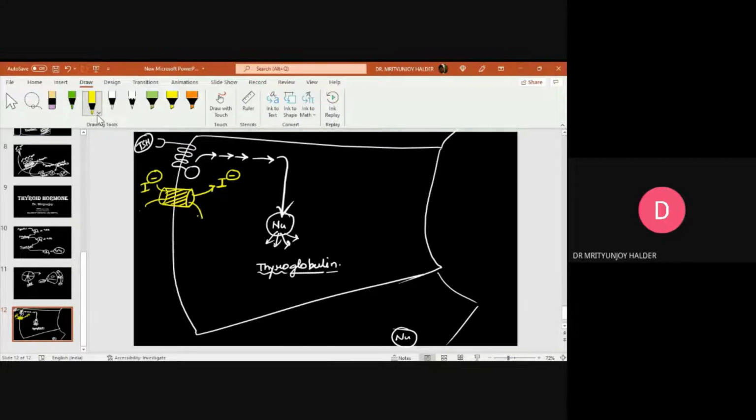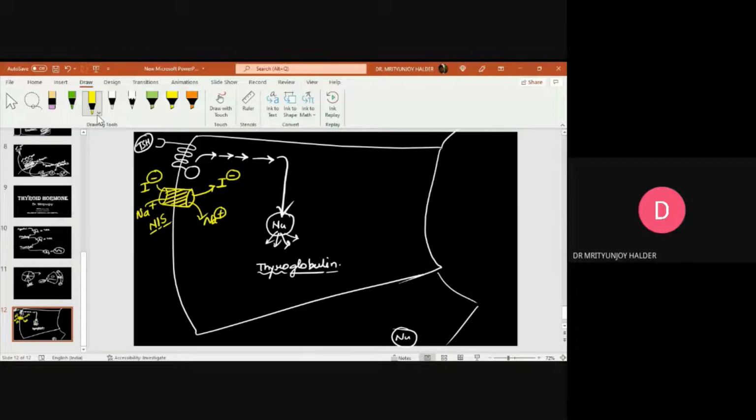Now, this is a symport where along with iodine the sodium molecule is there. So sodium helps in transport of iodine. That is why together this transporter is called NIS, sodium iodide symporter.